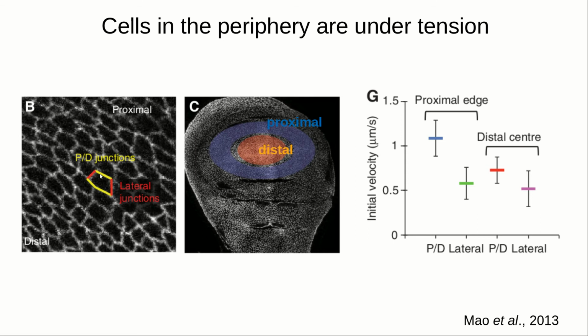Okay, so this results in an elongation of the cell in this direction. So because of Hertwig's rule, when the cell divides, it does it in this direction, which is different from the direction in which cells in the inner part divide.